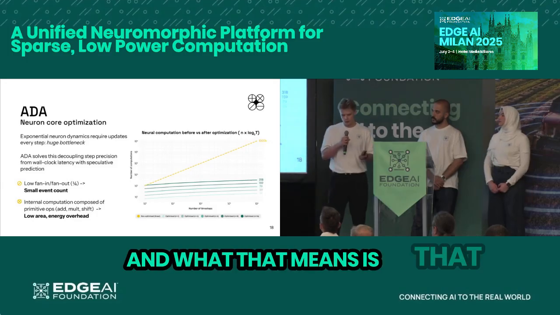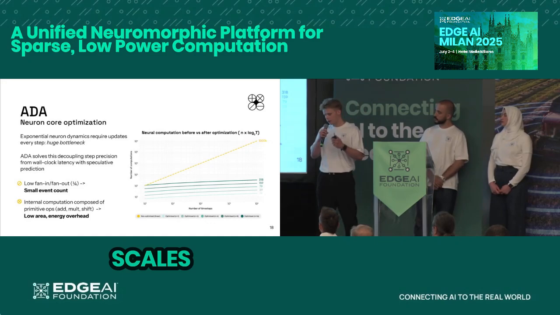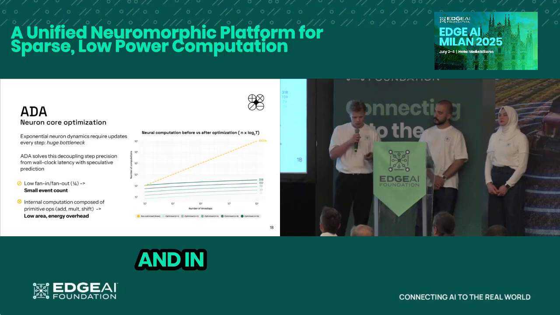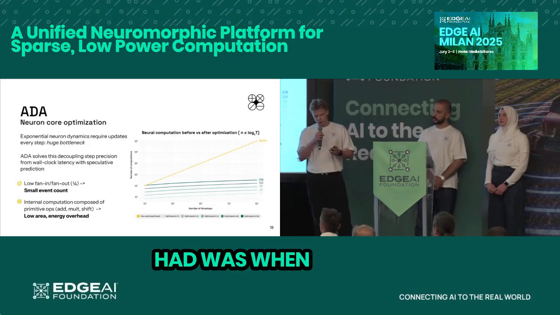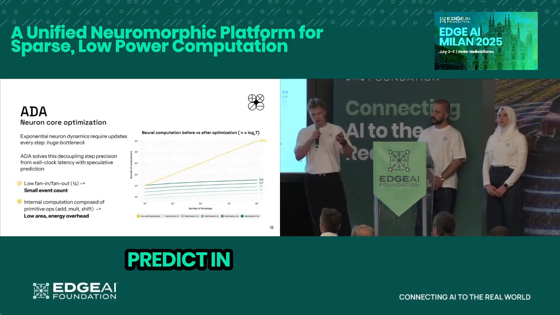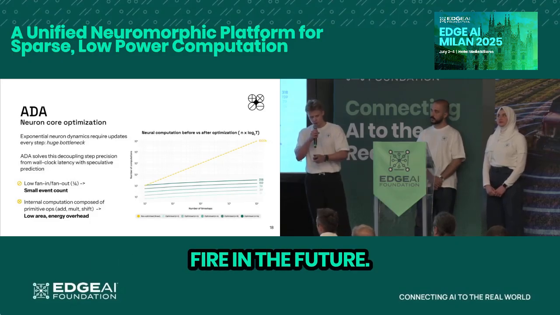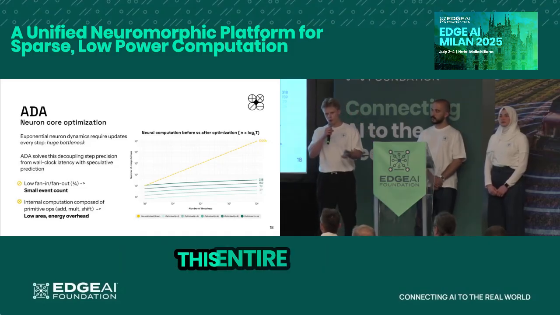What that means is that the number of neural updates that we need to do scales linearly with the size of the precision. In terms of our neural core, one idea we had was that when an event occurs, we can actually predict in advance the time when this neuron will fire in the future. This allows us to avoid doing any neural updates within this entire process.